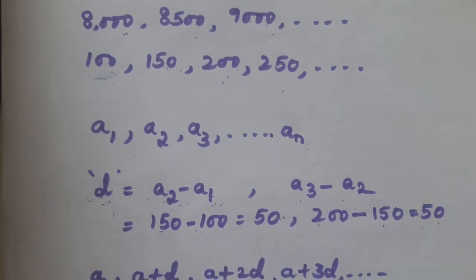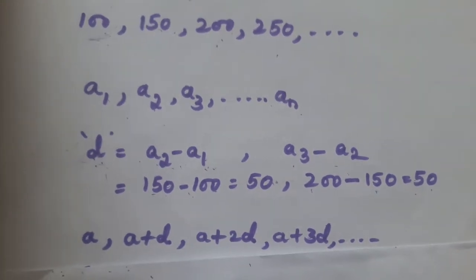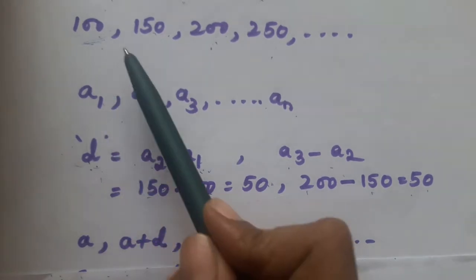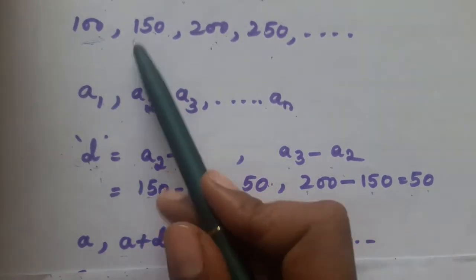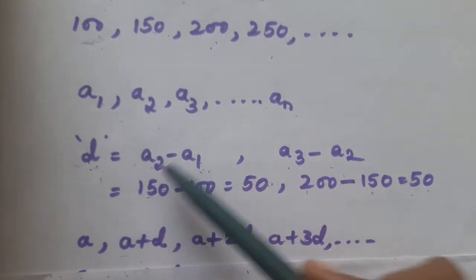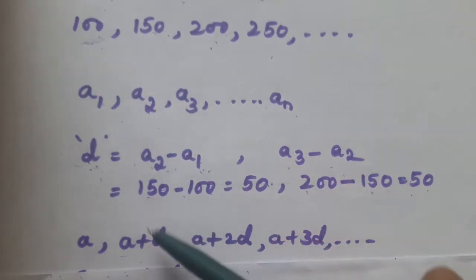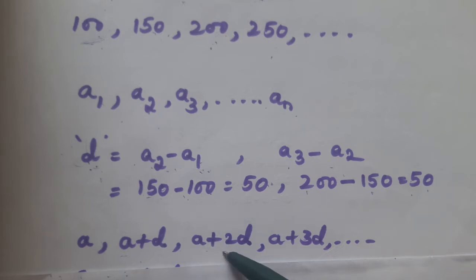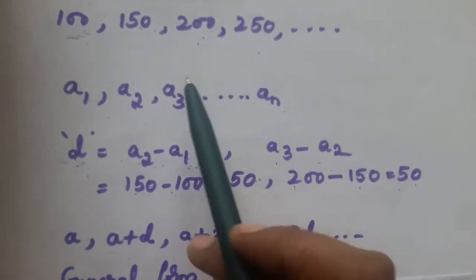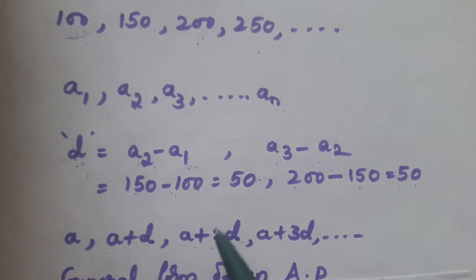Now you can observe that in each and every term, the first term I told you is a, and the second term is a plus d. That is, a is 100 and d is 50, so the second term is 100 plus 50, and we get 150. The third term is 100 plus 2 into d, which is 50, so we get a plus 2d, which is 200.